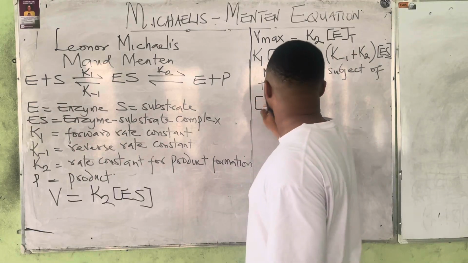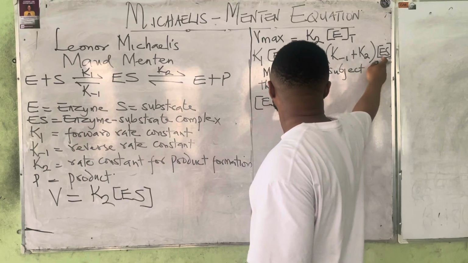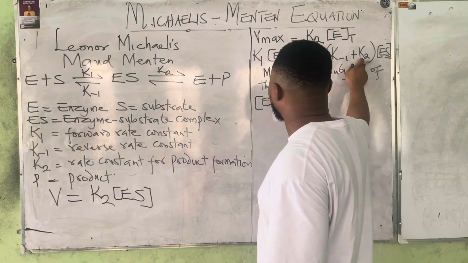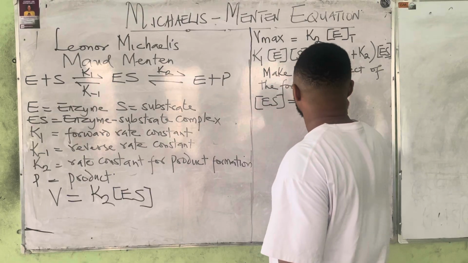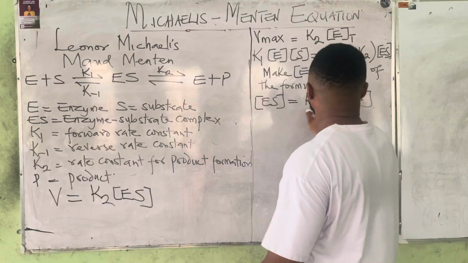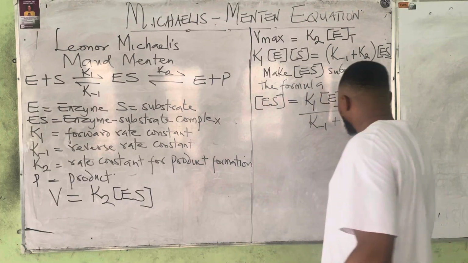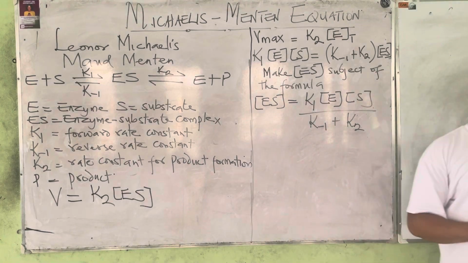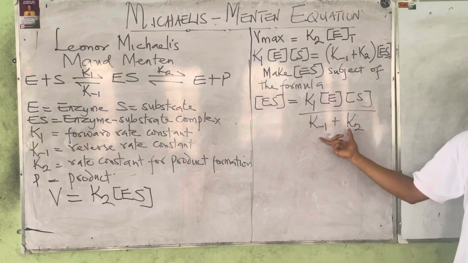So to make this the subject of the formula, we divide both sides by it. This will be equal to K1 times E times S, divided by K minus 1 plus K2. Divide both sides by K minus 1 plus K2, and you have this.